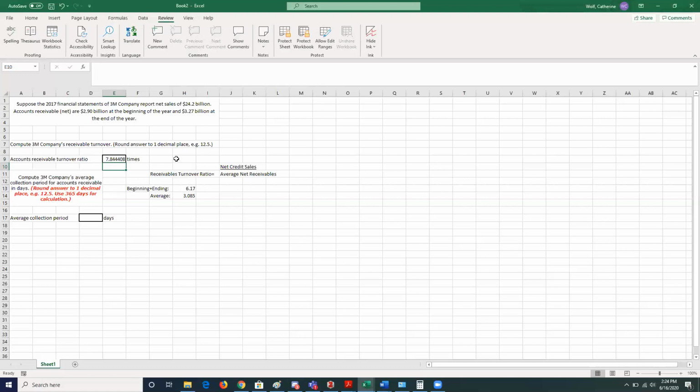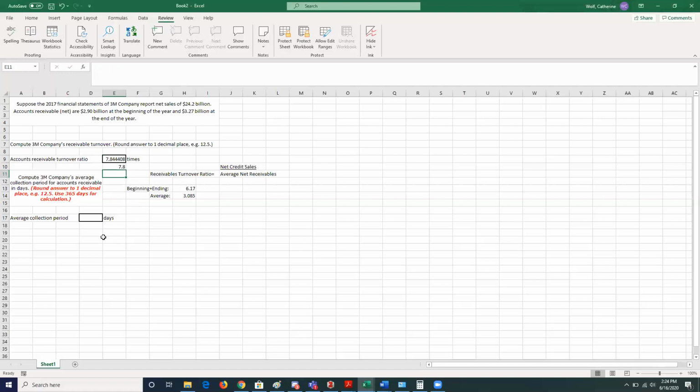It's going to equal 7.844408, but it says to round to one decimal place, so we are actually going to get 7.8, okay?